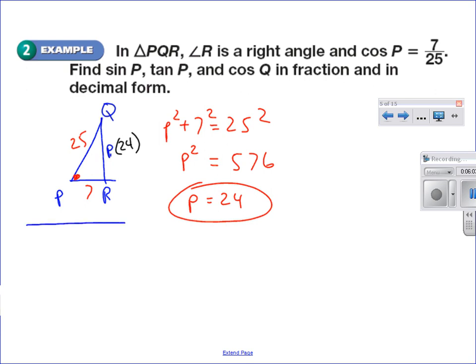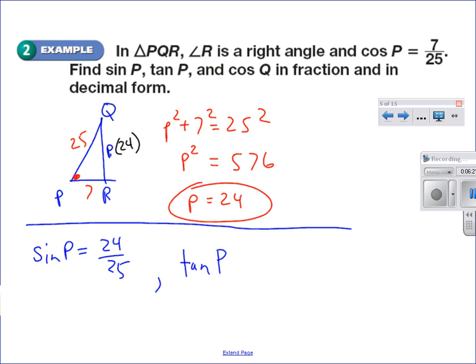Now that I've got all the sides labeled, I can answer the question. Sine of P equals 24 opposite over 25. Tangent of angle P equals opposite 24 over 7.